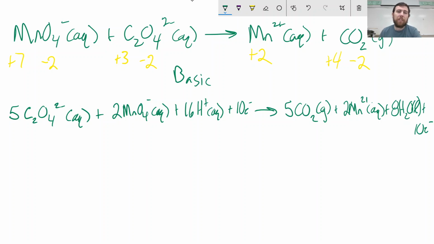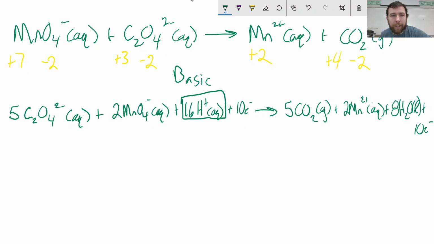And so what that means is we're going to need to neutralize these 16 H+. Because it's in basic solution, we're going to need to add hydroxide to both sides of our redox reaction, okay? And so when we do that, if we rewrite this, you would get something that looks like this.